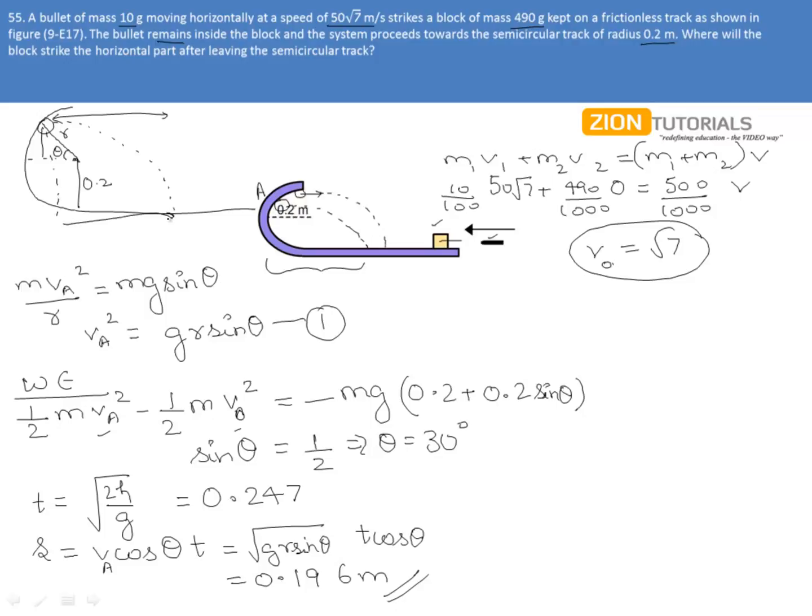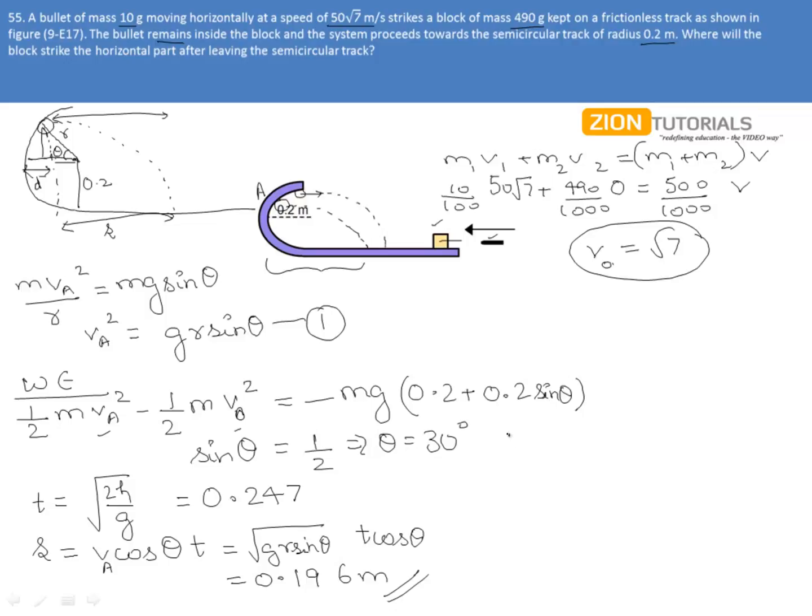But we need to find the total distance, which means we need to add this distance also. Now what is this distance? This whole is r, this is r cos theta from this triangle, so this is r minus r cos theta. So we need to add this small distance d to this part s in order to get the total distance.